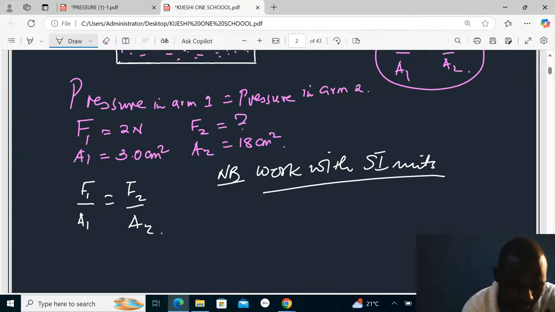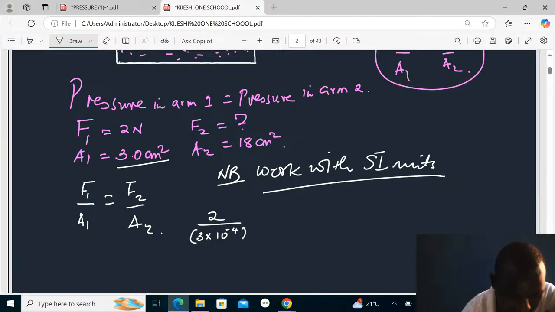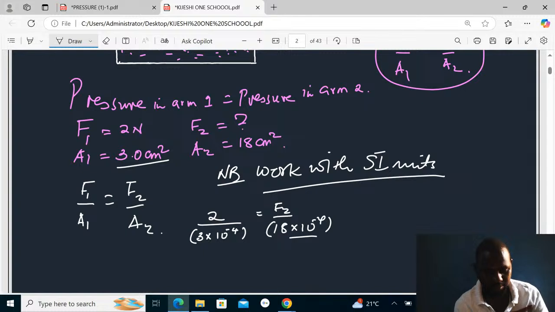Then we substitute that 2 newtons divided by an area of 3 square centimeters. You can convert it into square meters by dividing by 10,000, is equal to our load, which is our force 2 that we're looking for, over 18 times 10 raised to the power negative 4. This is like dividing by 10,000.